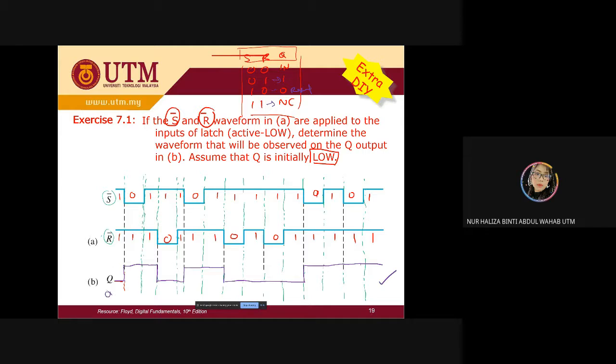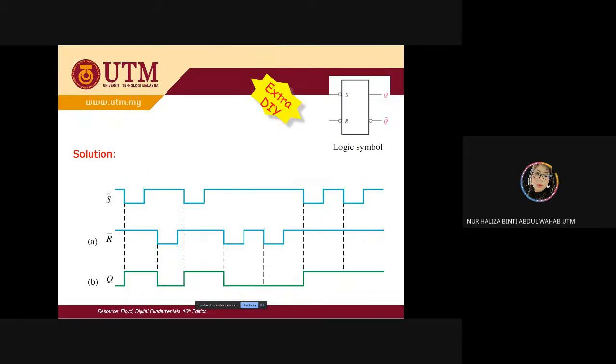Of course, if you want to draw the Q bar, you just need to toggle everything. So this is your Q bar. Okay, any question for this? Simple, but you need to remember the table. Okay, let me see another example.